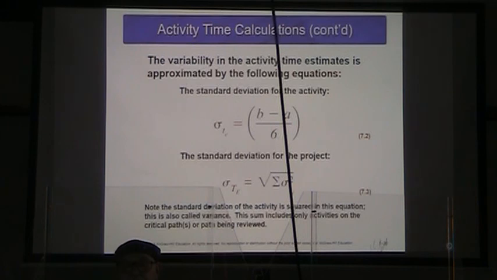Our standard deviation for the project, the standard deviation of total project estimate time, equals the square root of the summation of all our individual standard deviations squared of each activity added together.